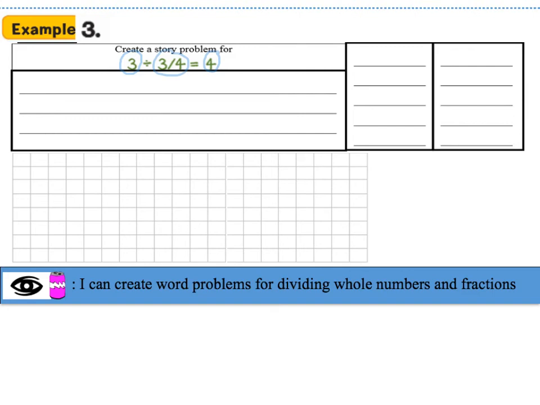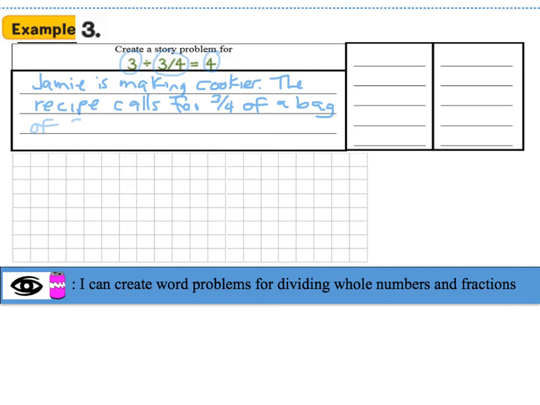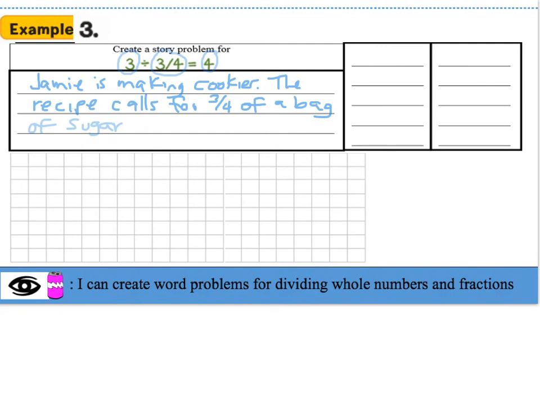Let's say Jamie is making cookies. The recipe calls for 3/4 of a bag of sugar for one batch.